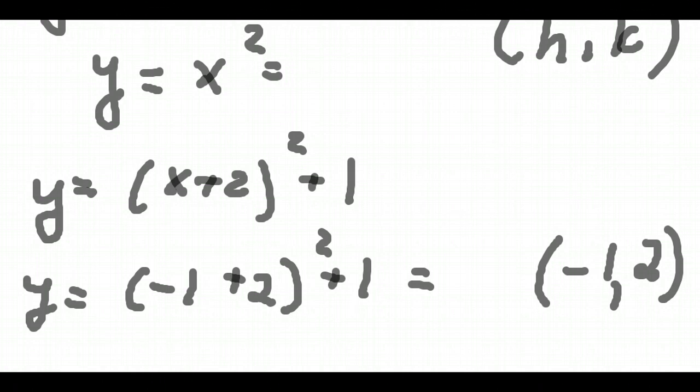So the point we found, -1, 2, is 1 unit up from the vertex and 1 unit to the right. The matching point on the left side of our parabola will have the same vertical movement, so up 1 and left 1.